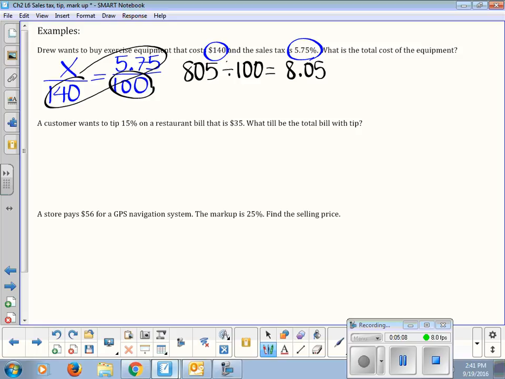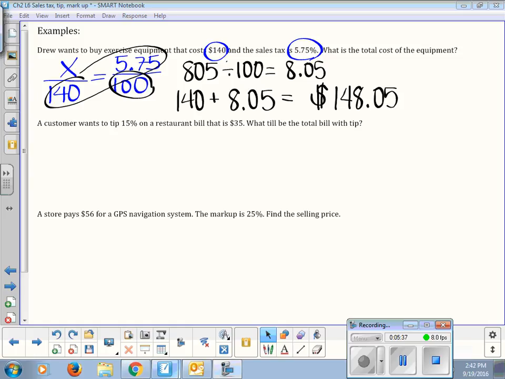This is the amount that's changing. Is tax something that we add or subtract from our total? Add. So we're going to take our original price, which is $140, and add in our tax, which is $8.05. And when you add these two together, what do we get for our total cost? $148.05.